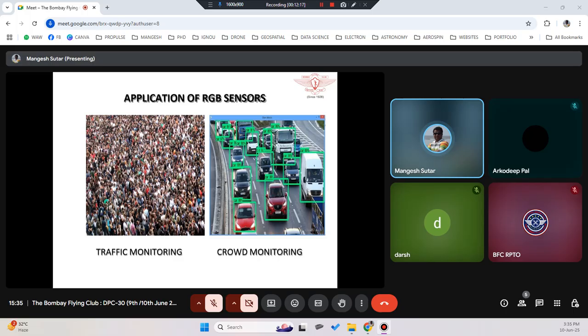A lot of times we see this in cricket matches, and we have seen football matches also where it has been used. In any sports events where there are more people, nowadays not only is ground monitoring happening, but even monitoring from the drone is being used. Similarly, you can do traffic monitoring using RGB sensors.